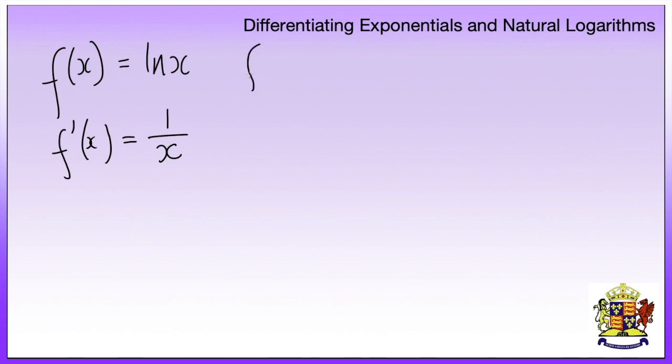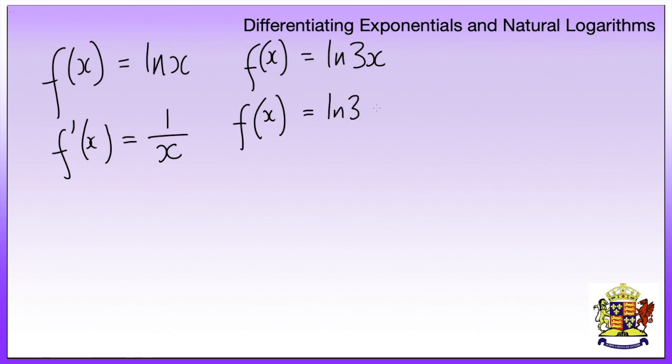So, a couple of examples for you. If I have ln 3x, let's think about this. You may be tempted to say, right, I'll just do 1 over x, then times it by 3. But actually, thinking about our laws of logs, we need to be a little more forward thinking. So we need to change this into ln 3 plus ln x.